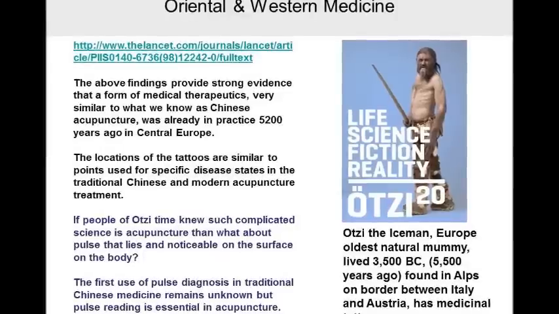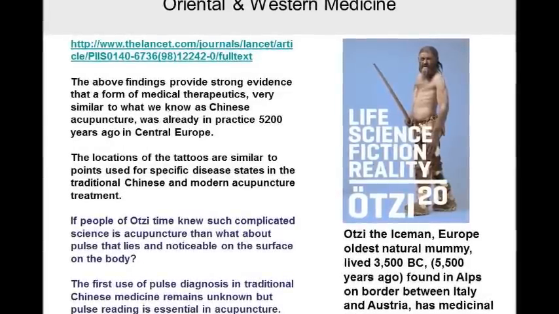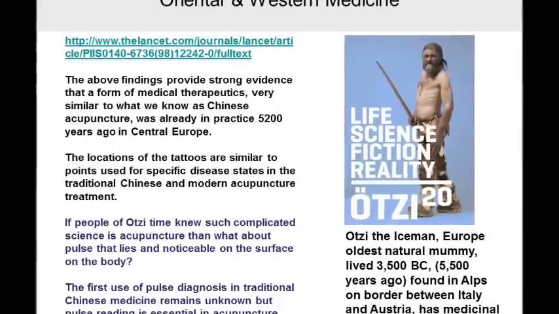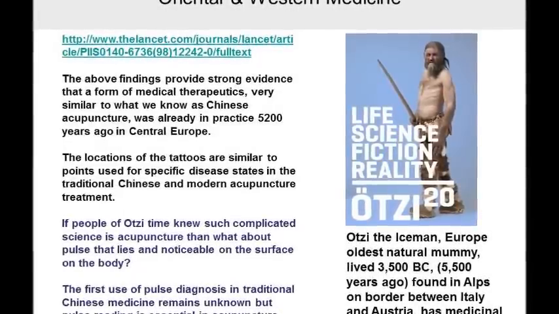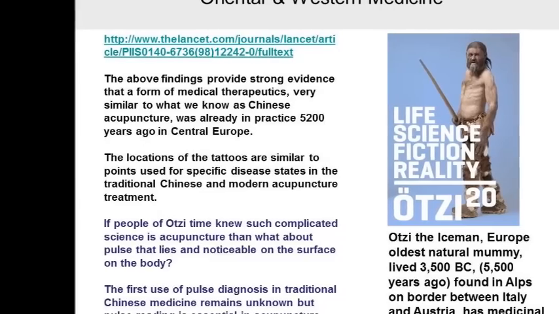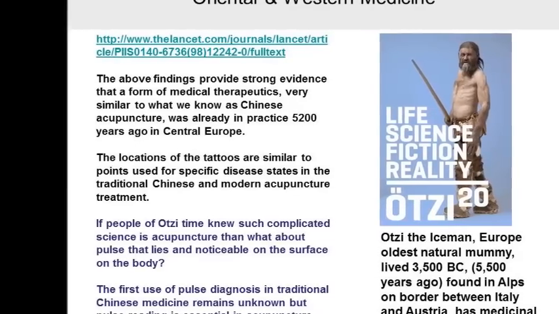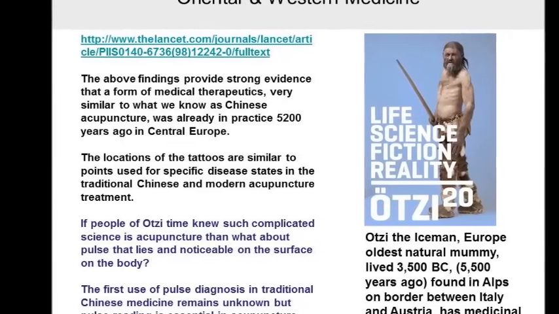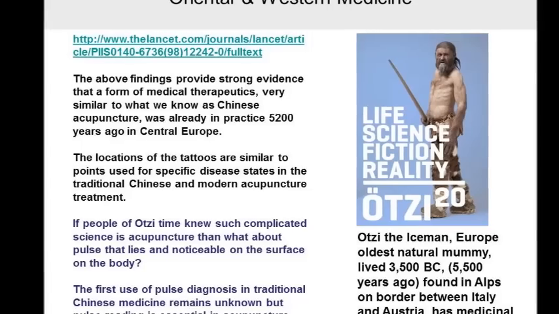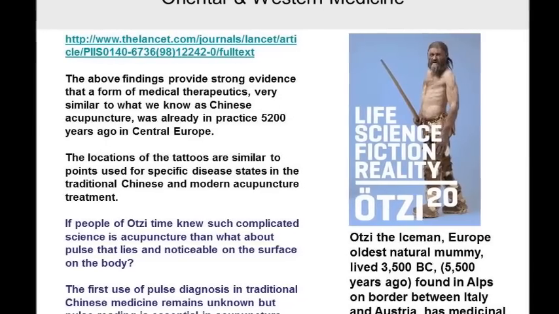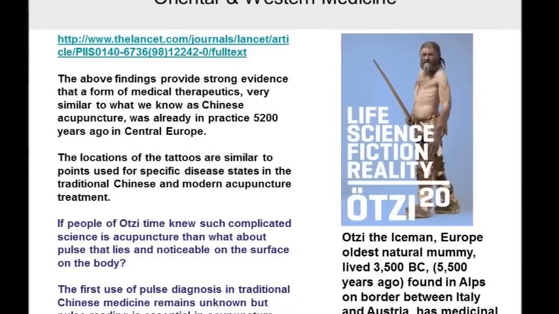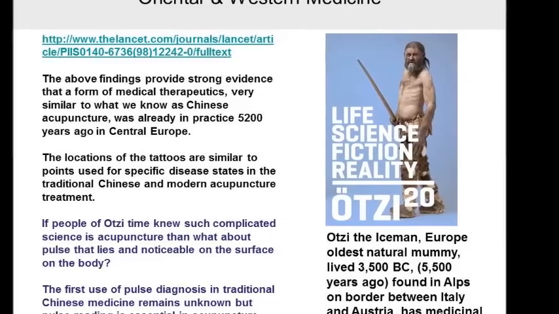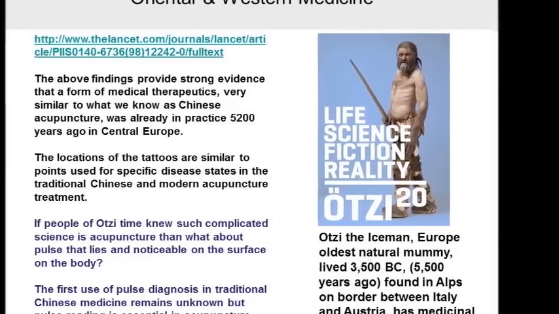They found that he had rheumatoid arthritis. He had a parasite in his intestine, and there were medicinal tattoos applied to the points which modern Chinese medicine uses to treat rheumatoid arthritis and headaches and the issues associated with what he had. And the type of those tattoos is very special.